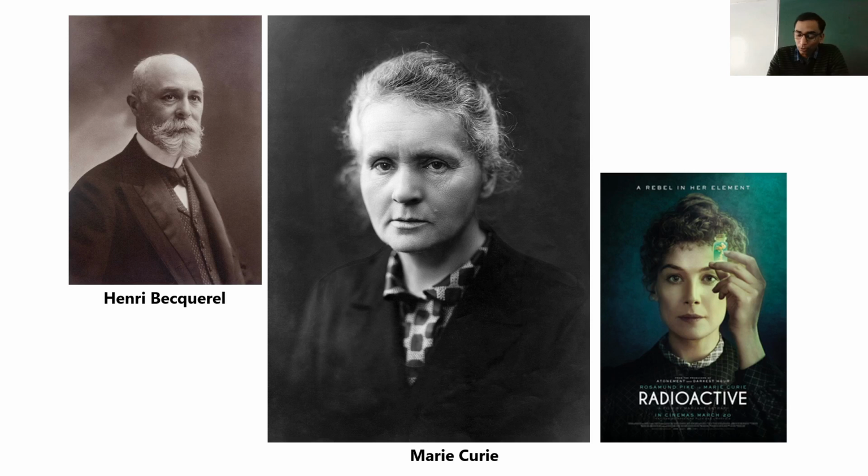And Henry Becquerel, once he was doing an experiment with potassium uranyl sulfate, that compound had uranium in it, which is radioactive. Now, after completion of his daily lab work, he just wrapped that salt in black paper and kept it inside his drawer. And he did not know that there was a photographic plate packed and placed inside the drawer.